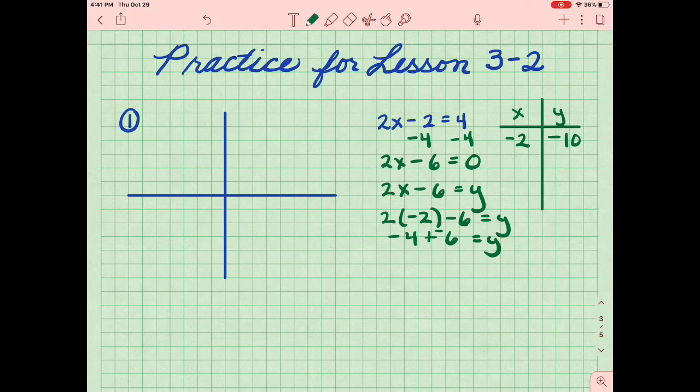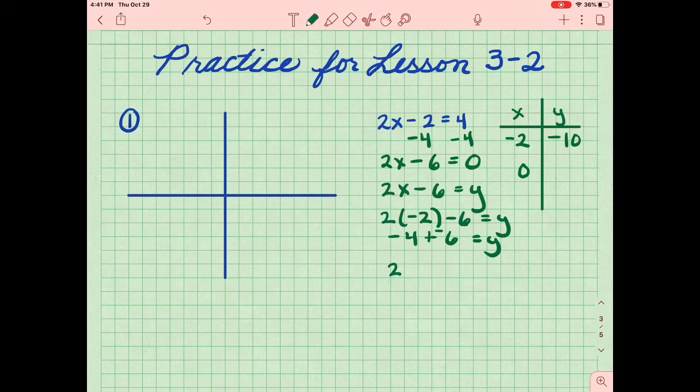But let's try maybe -3. Actually, I can see that this is getting bigger, so let's just back up and not do -3. Let's do 0.